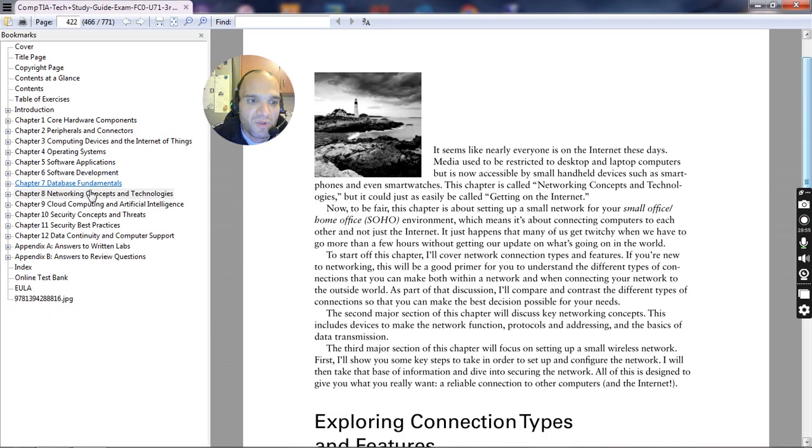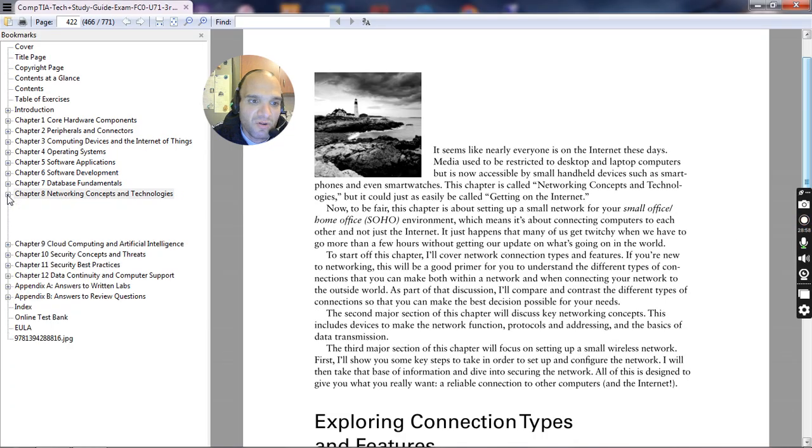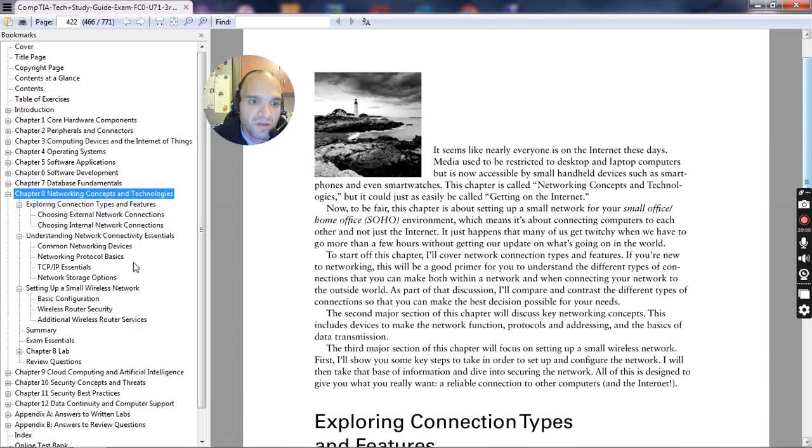Remember chapter 8, Networking Concepts and Technologies, and here are the basic sub-chapters of chapter 8. Exploring connection types and features, understanding network connectivity essentials, setting up a small wireless network, as promised from the book author.